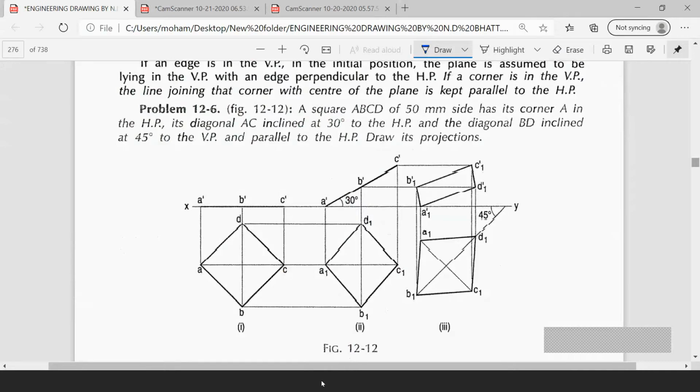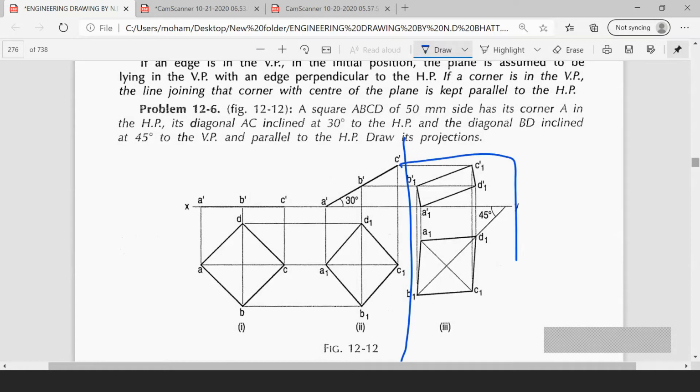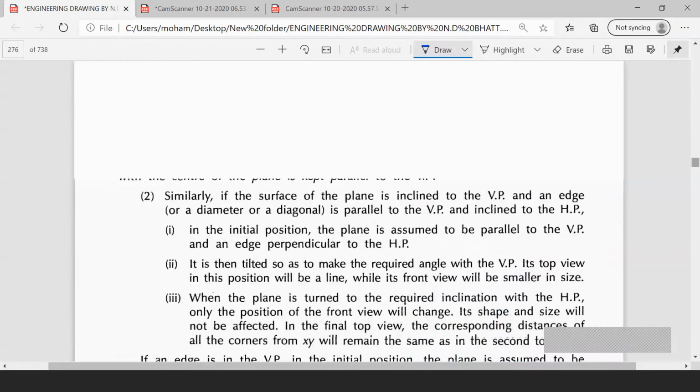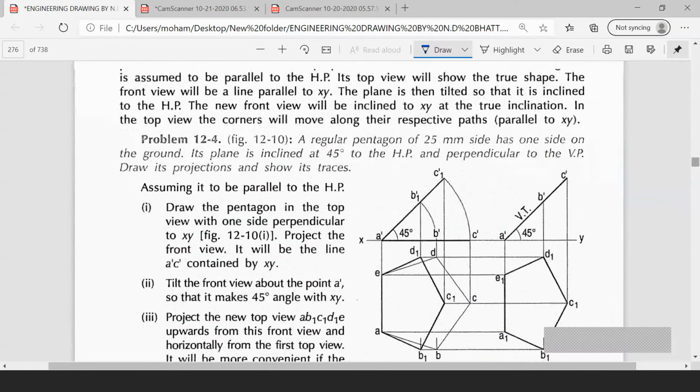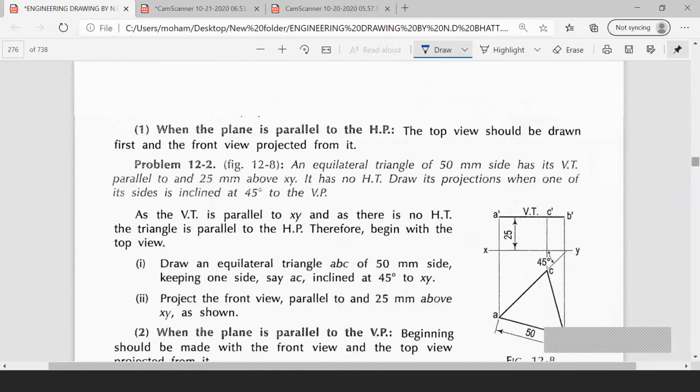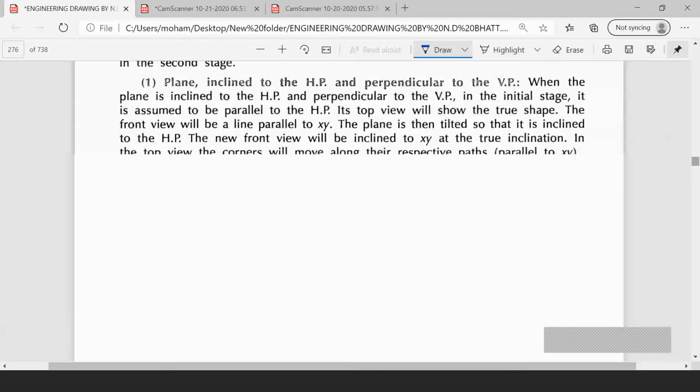I am directly jumping to the double inclination problem. Understand? Single inclination means we draw only up to here, with only a surface inclination. You won't draw this part in the single inclination. Before this one, you have single inclination problems, only 2 given here.